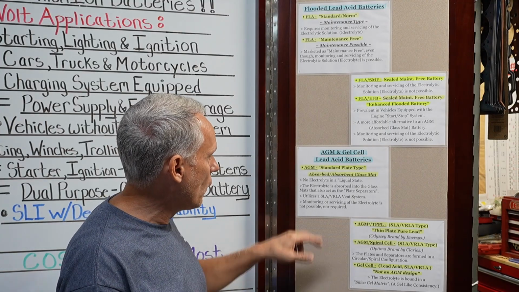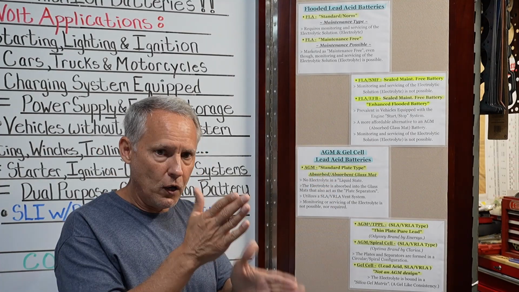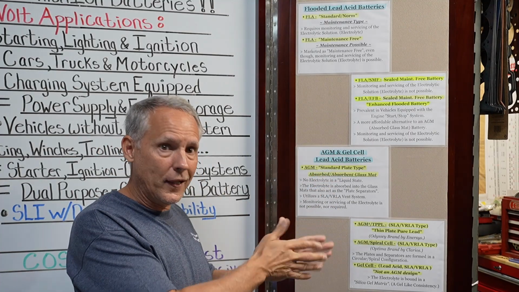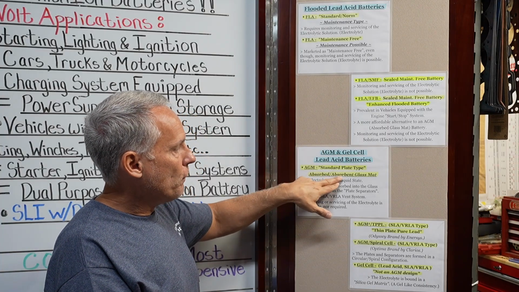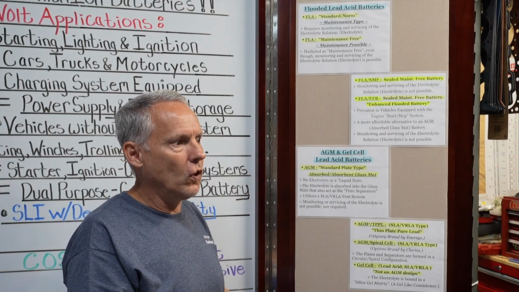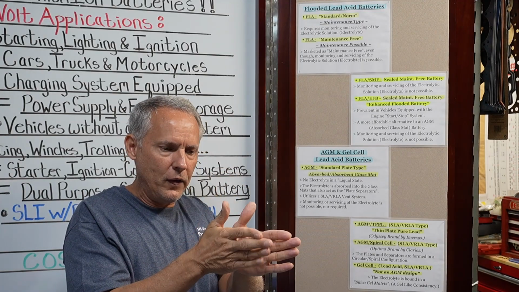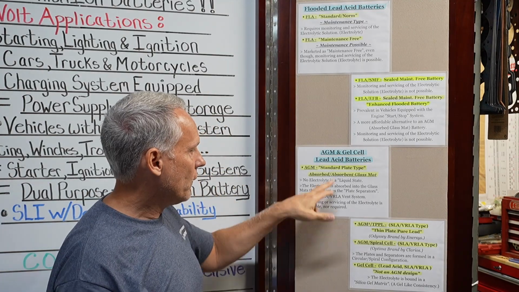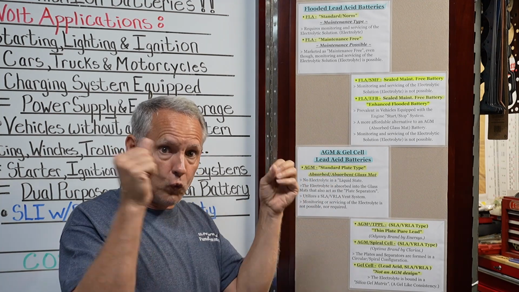Okay? So, AGM. Standard plate type battery that has basically positive and negative plates with separators that make up the battery internally. It uses an absorbent glass mat. So between each of the plates, you have positive and negative lead plates in the battery. Between them, the separator is of an AGM type, an absorbed glass fiber mat that absorbs the electrolyte.